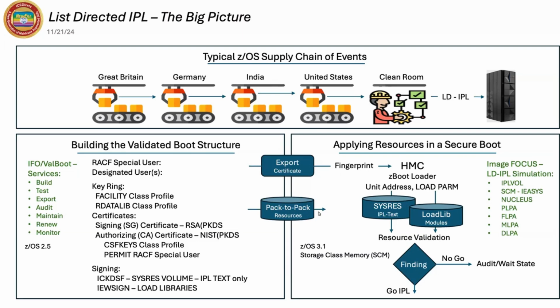What it will do is look at the IPL text on the IPL volume as discovered from the unit address as provided to it, and check to make sure that system class or storage class memory has been defined in IEASYS, a critical, important part of the overall process. Then it checks the signing of the nucleus and the various LPA components, PLPA, FLPA, MLPA, and DLPA.